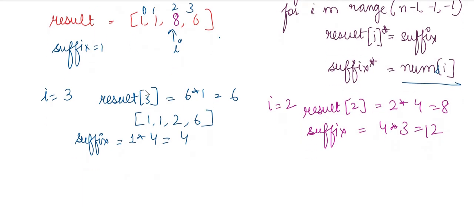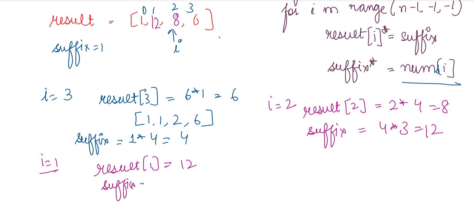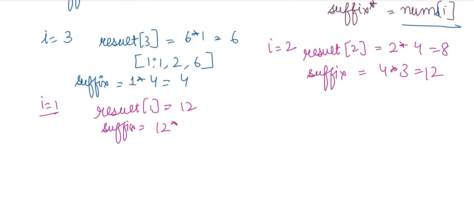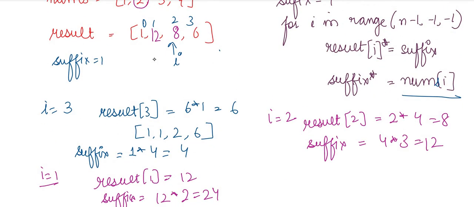Okay. Now go to I equals to 1. I equals to 1 means result of 1 will be multiplied by suffix, which is 12. So here instead of 1 put 12. Then the new suffix value will be suffix already multiplied by nums of I. Nums of I value is 2 here, which gives 24. Suffix value is 24 now. Let's see I equals to 0.